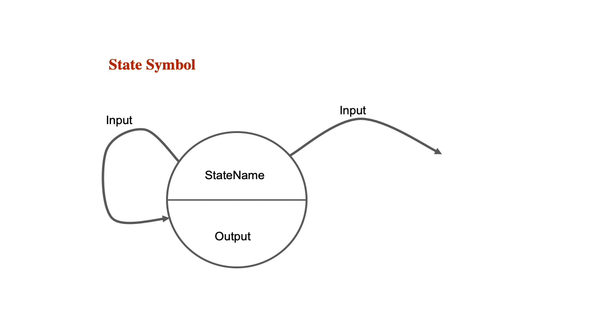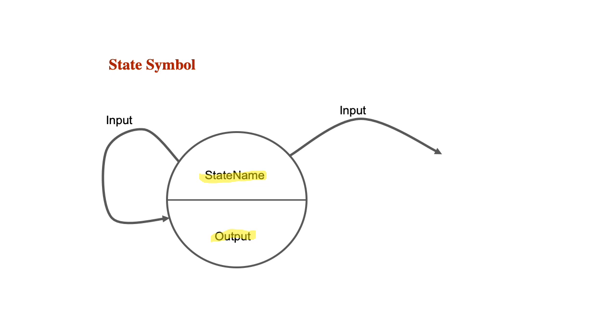Now, before we move on to how to design a state diagram for a sequence detector, let's go over the conventional state symbol for a Moore machine. For each state, as a symbol, we're gonna use a circle and divide the circle into 2 halves, such that in the top half we're gonna put the state name, and at the bottom we're gonna display the output for that specific state.